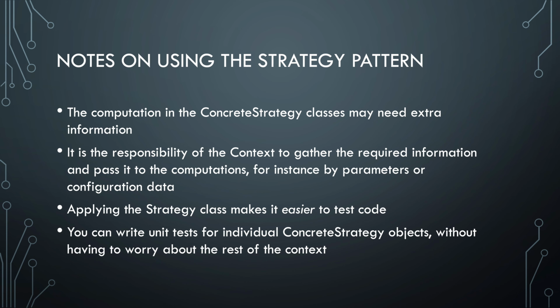For example, the Dutch tax system has 2 levels of taxation, depending on the kind of product or service. This kind of information can be passed as a parameter when you compute the tax, or you could configure the NL tax object when you create it. The context in which these strategies are used is responsible for supplying this information.